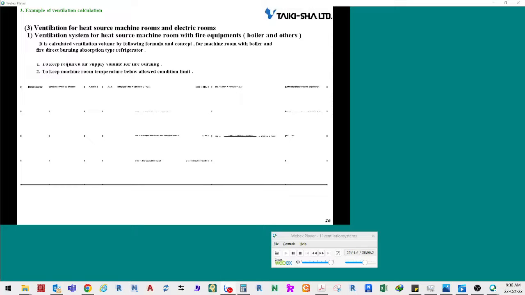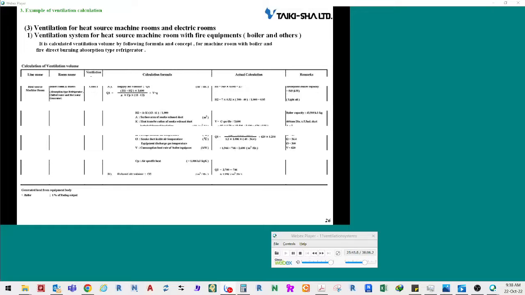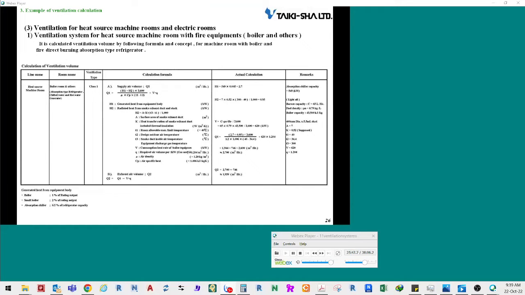Here is an example of ventilation calculation for a room with cold and hot water generators. Let's calculate the supply air rate using calculation formula. A. Calculate the heat release generated by the main body of the equipment and the radiation amount generated by the flue.